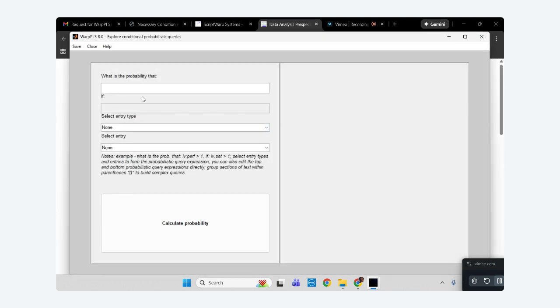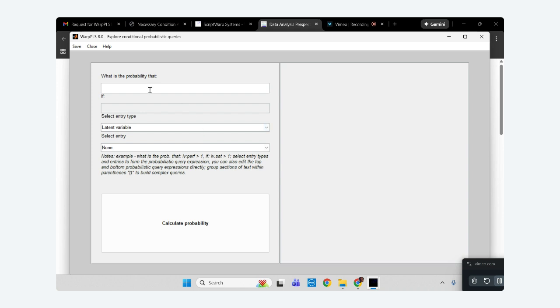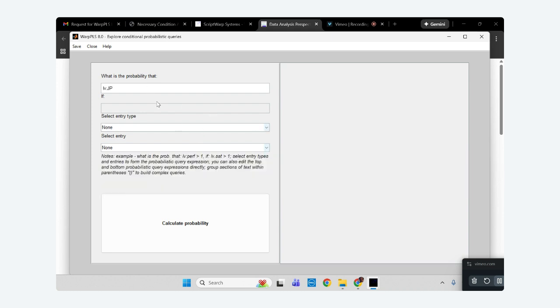And let me start with calculating the probability that JP is very high. So I will choose the option Latent Variable and JP. And I want to see if JP, which is standardized, is greater than 1.5 standard deviations from the mean.